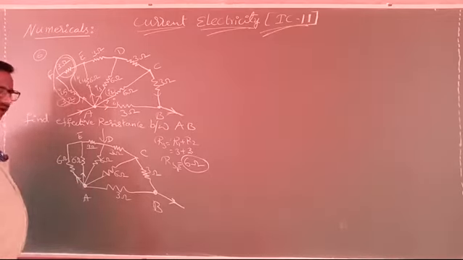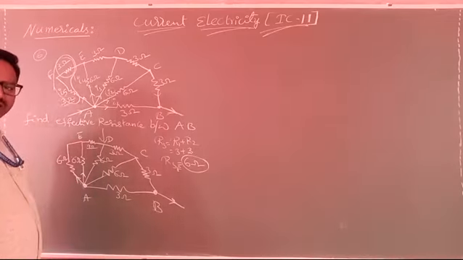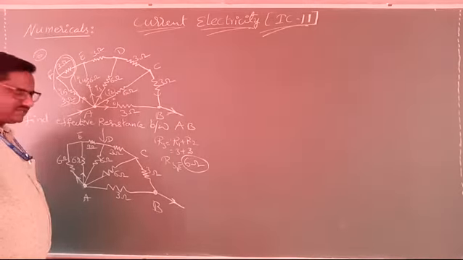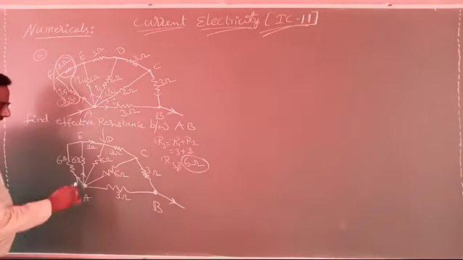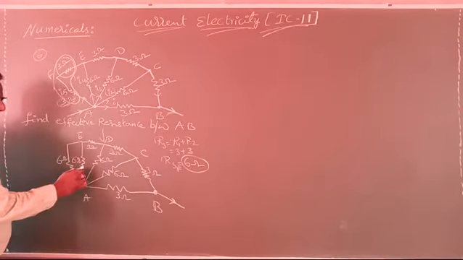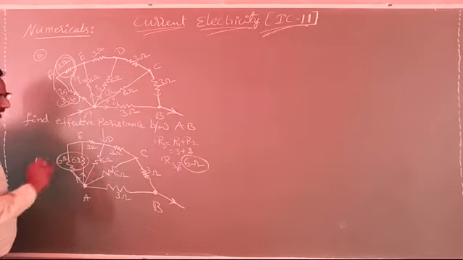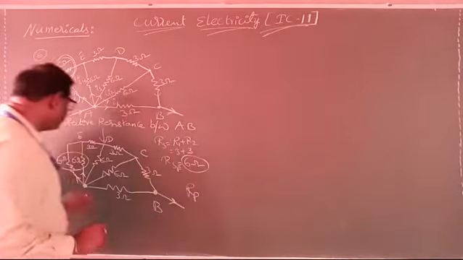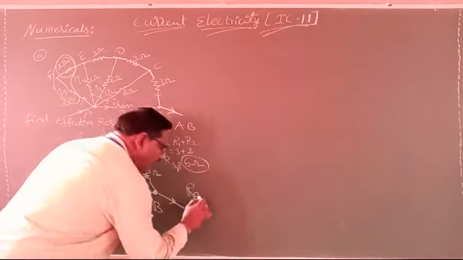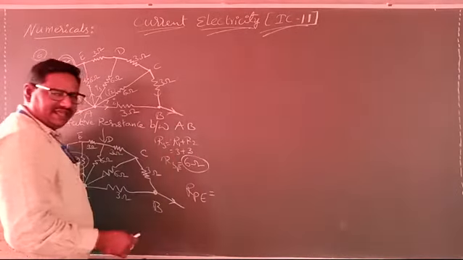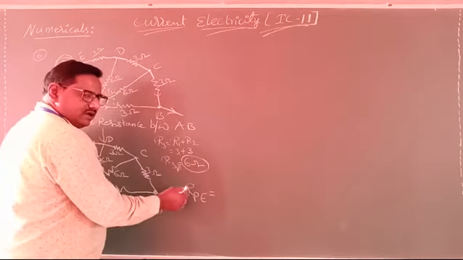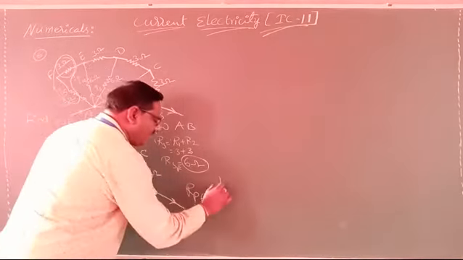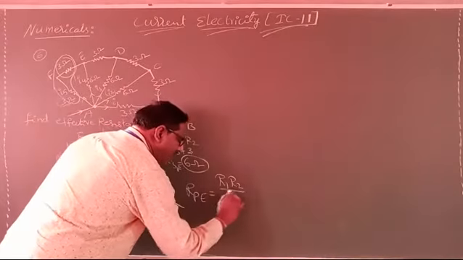Yes or no? Already we discussed that in parallel combination, the current must vary. In a series combination, the current remains the same. Clear? So here the current varies, so it is parallel. Now these two are parallel. Then the effective parallel resistance at E point, RP, is R1 R2 by R1 plus R2.